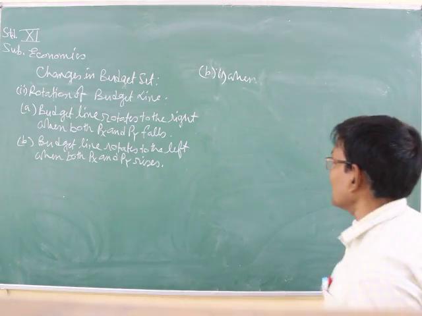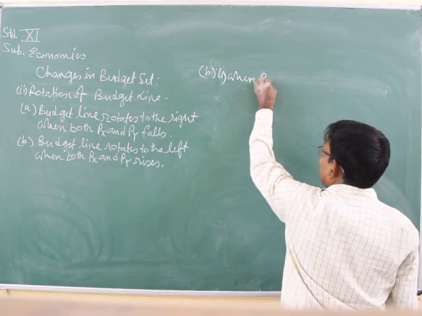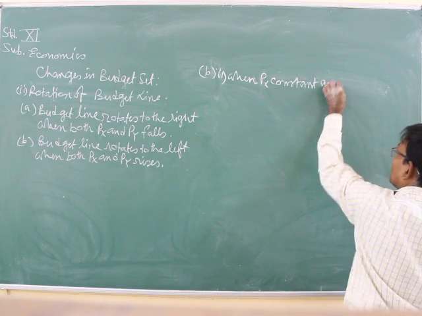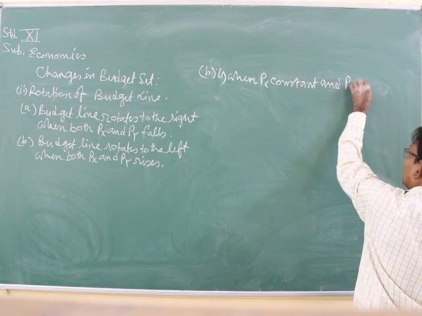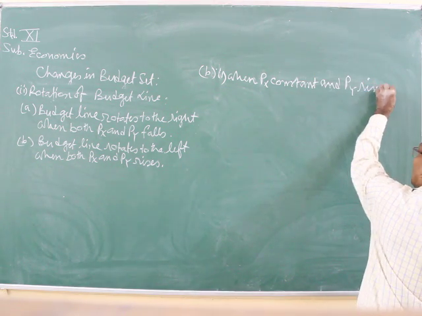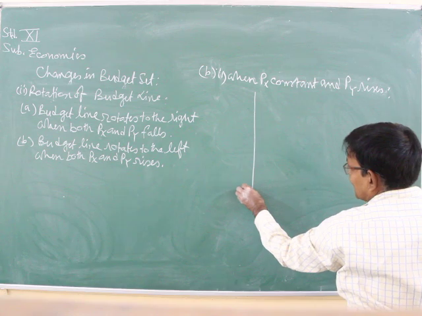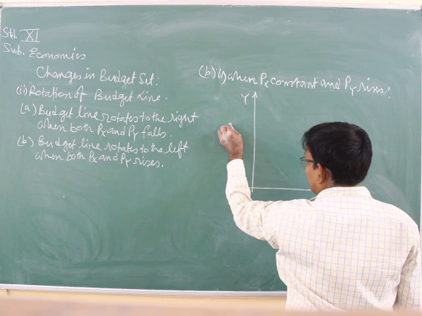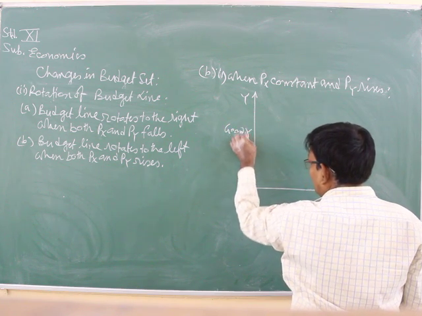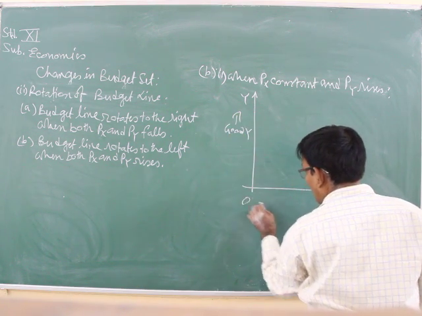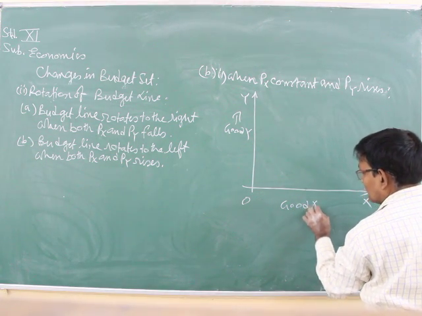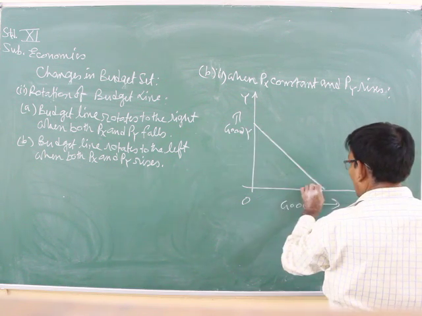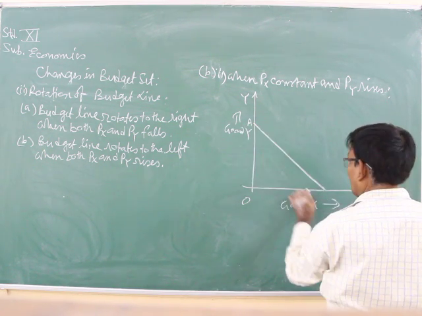When Px constant and Py rises. What is the meaning of this? There is no change in price of good x, but price of good y is increasing. Good y, good x. See, the original budget line is AB.